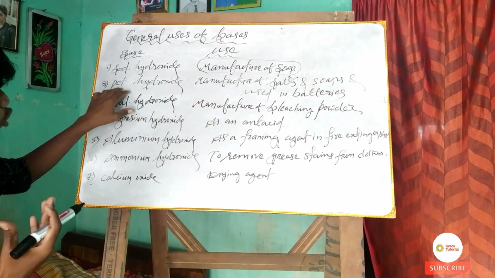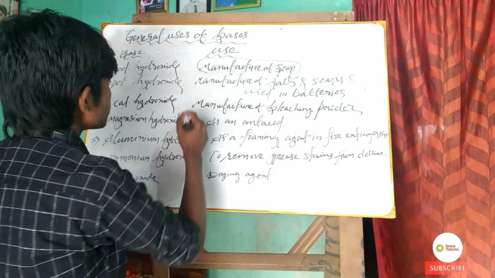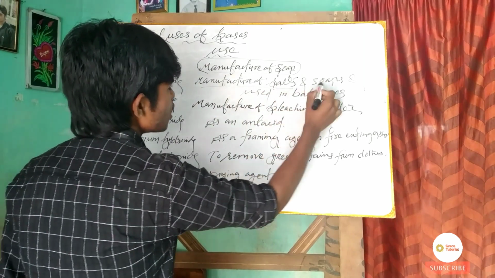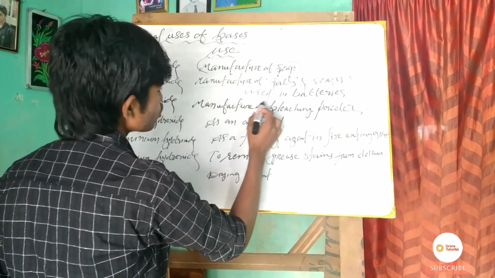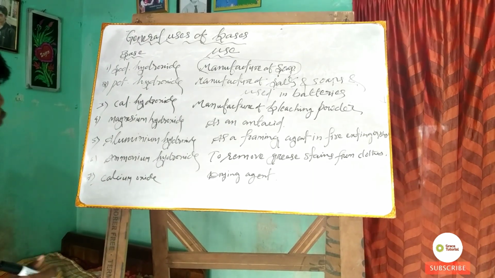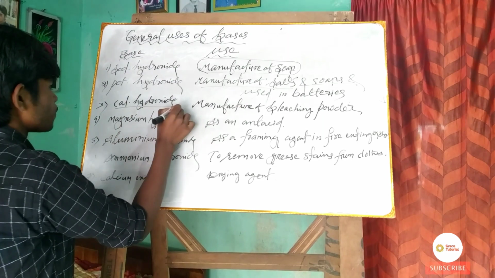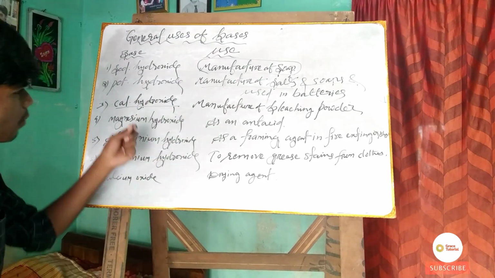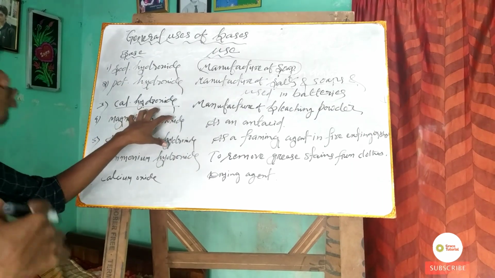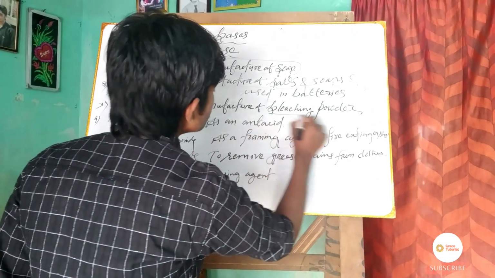If you look at the use of potassium hydroxide, that is KOH, it is also used in the manufacture of salts and soaps, and it is also used in batteries. Similarly, we have calcium hydroxide, that is CaOH2. It is used in the manufacture of bleaching powder.